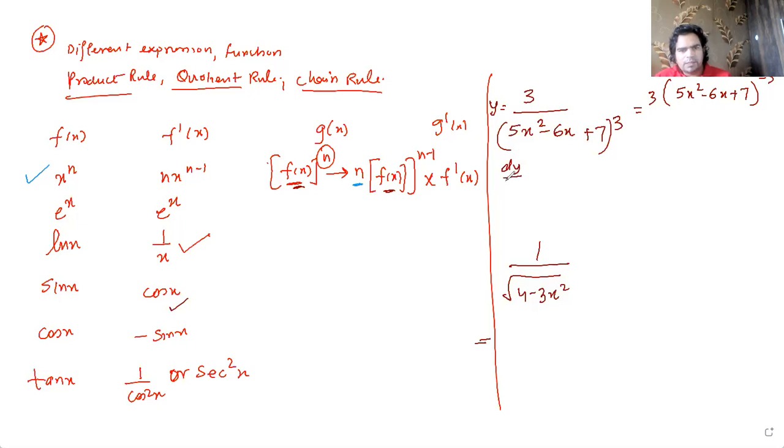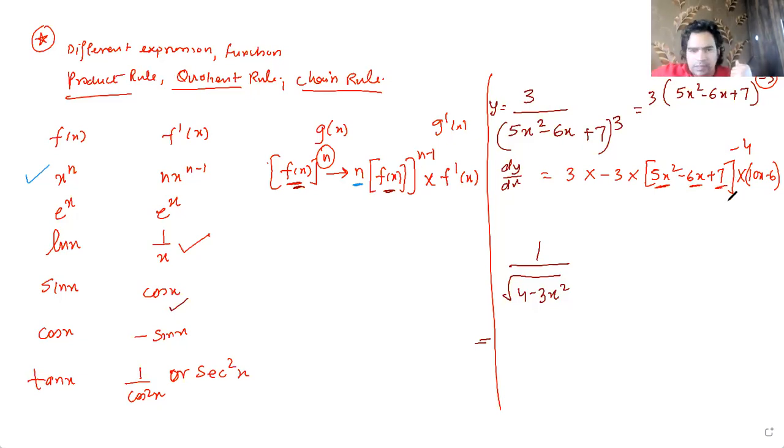So dy by dx is going to be this 3 as it is, then n, which is negative 3, times f(x), which is 5x squared minus 6x plus 7, to the power negative 4, n f(x) to the power n minus 1, into the derivative of the child function, which is 10x minus 6, because the derivative of 5x squared is 10x, the derivative of minus 6x is negative 6, and 7 is a constant whose derivative is 0. So this is how you do the derivative of this particular function.